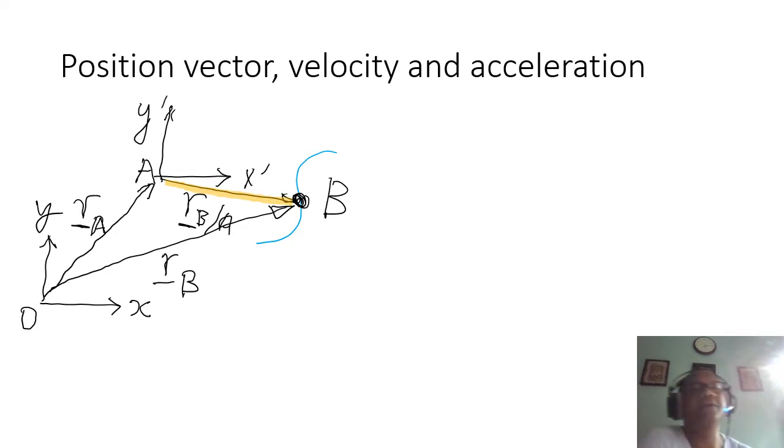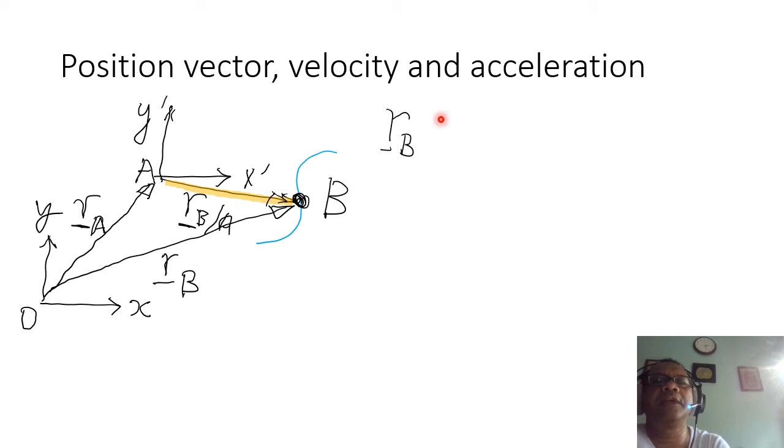From there, we can write the equation of the position by looking at this arrow vector. Position vector B, this line, equals OA plus AB.